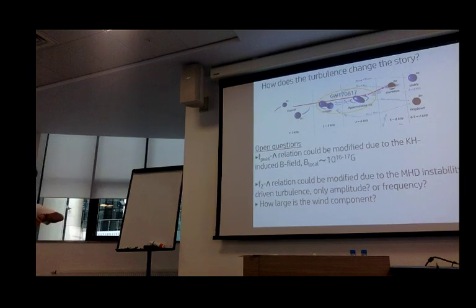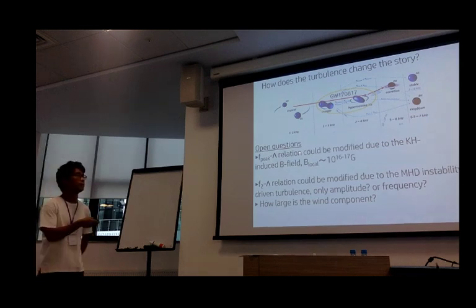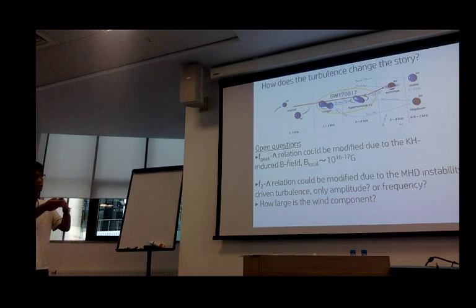Okay, this is almost the last slide. So how does the turbulence change the story? The open question is whether the peak-lambda relation, the peak frequency at the merger, could be modified due to the Kelvin-Helmholtz induced magnetic field.